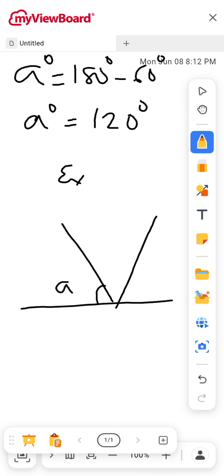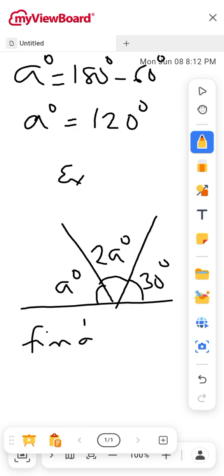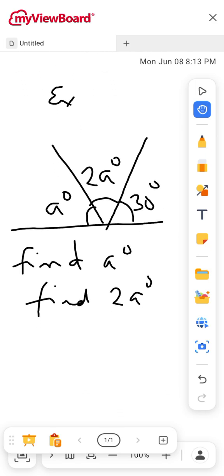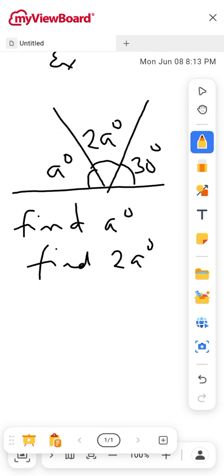Let's say we have A, we have 2A, and then we have 30 degrees. And they ask us to find A, and we should also find 2A. So what do we do? Connect all the lines together and see what shape it gives you.